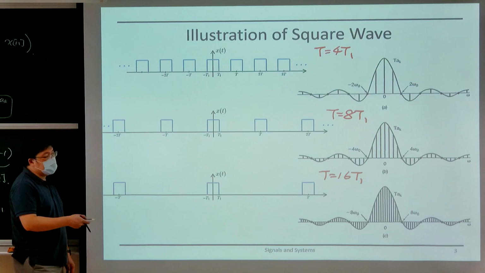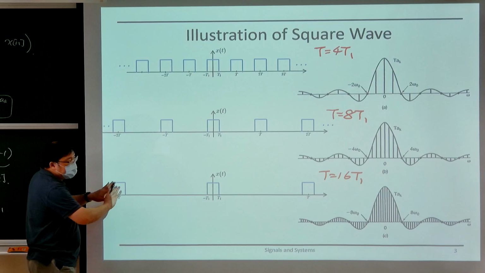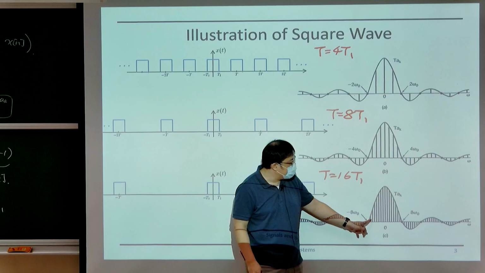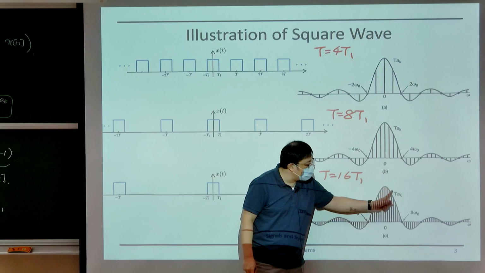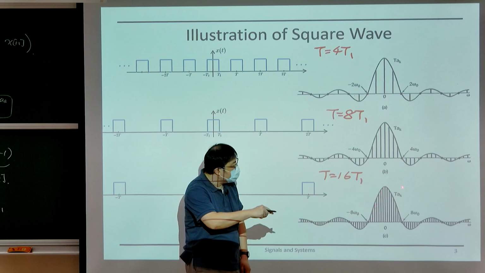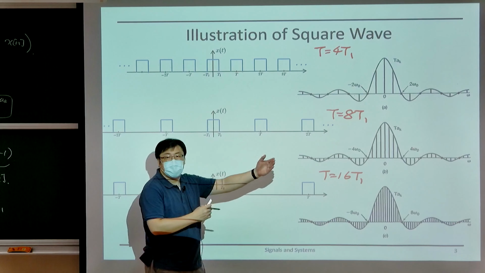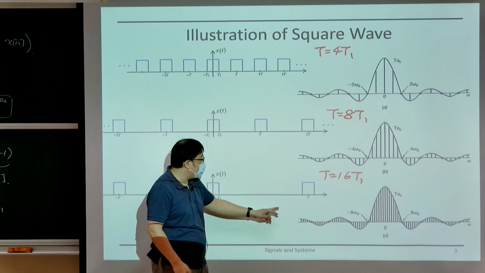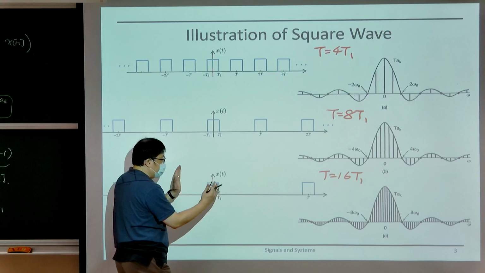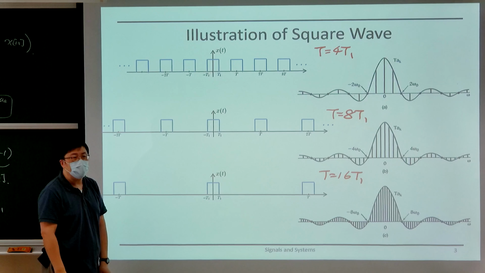So if you continue in this fashion, suppose you set this T going to infinity, then you would expect that the sampling of the sinc function would converge to the continuum of this function, okay? So in the limit, as capital T goes to infinity, we eventually see just one aperiodic pattern, okay?